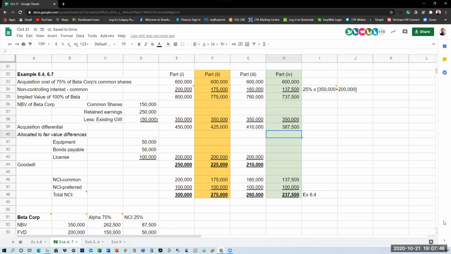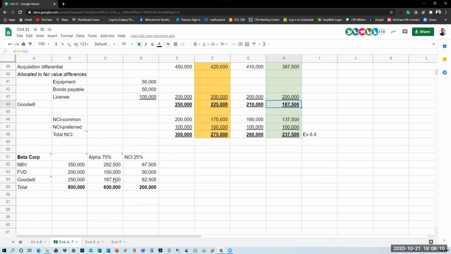So I'm left with 387,500. Fair value differences, 200,000. Goodwill is 187,500. And that 187,500 is basically the parent's portion of goodwill.